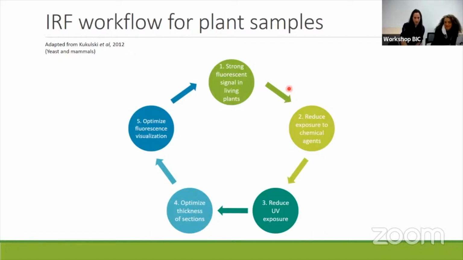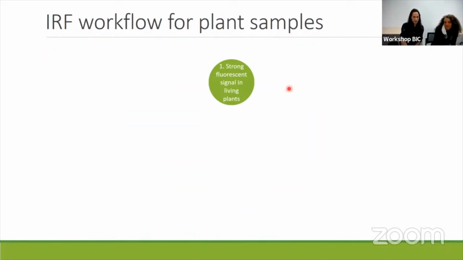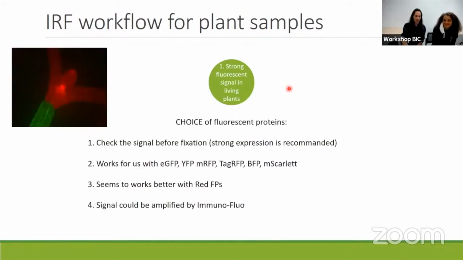So I would say that the first step was to choose the good fluorescent protein. There are many criteria to take into account. The first is to have a good signal at first.